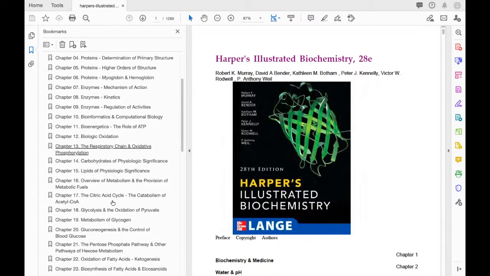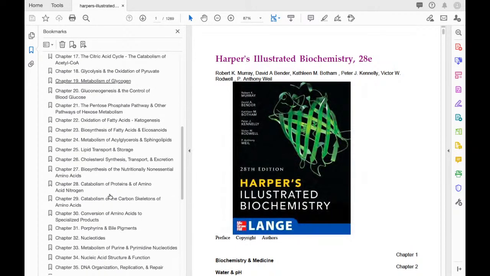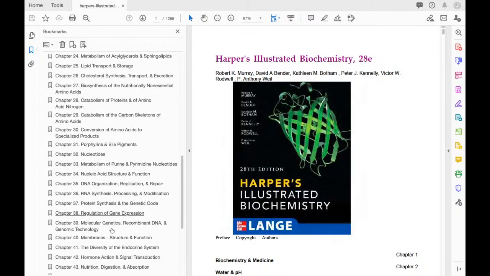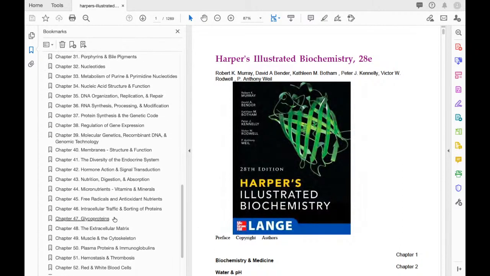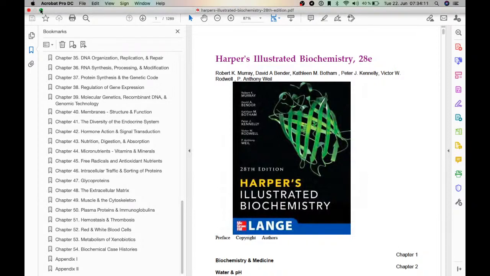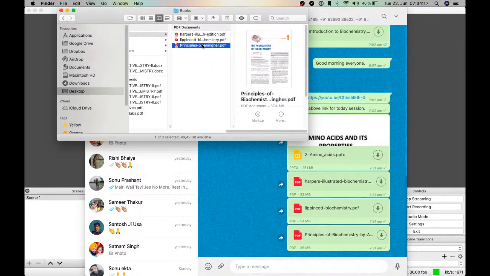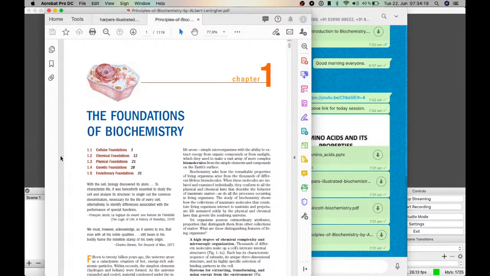You can go for kinetics, acid-base properties, the citric acid cycle, glycolysis, glycogen, fatty acids, nucleotides, metabolisms, hormone action and signal transduction. This is from the medicinal perspective: muscle and cytoskeleton, hemostasis and thrombosis. So this Harper book is more inclined to the medicinal perspective. Whereas the third book, Lehninger, is broad. It has everything.